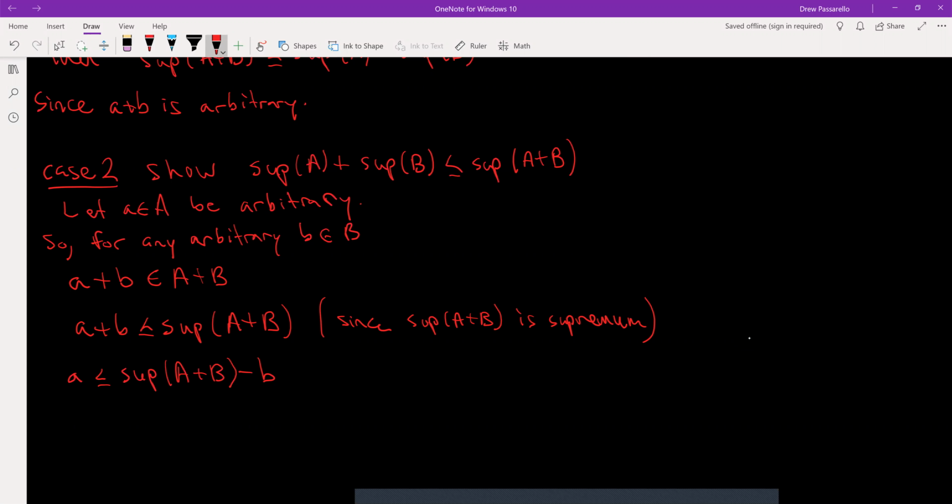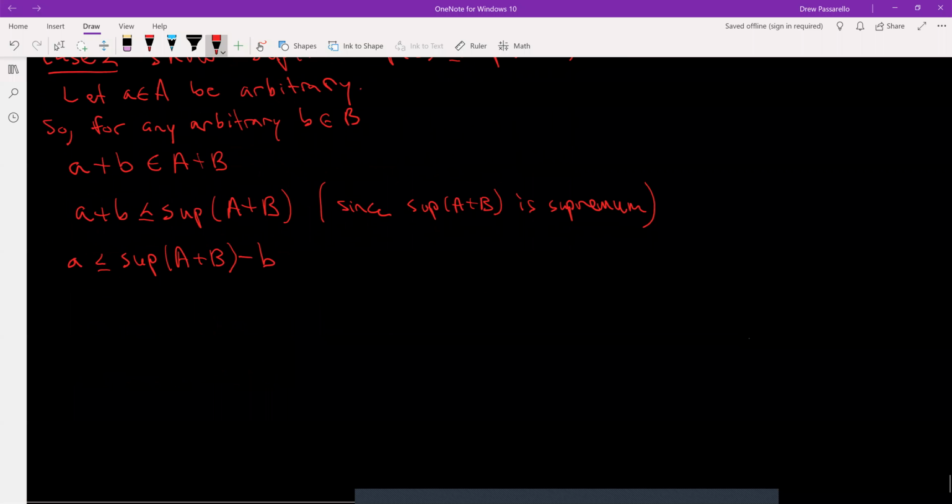And so we have a is less than or equal to sup of capital A plus B, minus this arbitrary element b. But what does this say? So a comes from capital A, it's arbitrary. And then we have this supremum of A plus B, so this thing is a number, a value that's fixed. So that's going to be itself an upper bound for a.